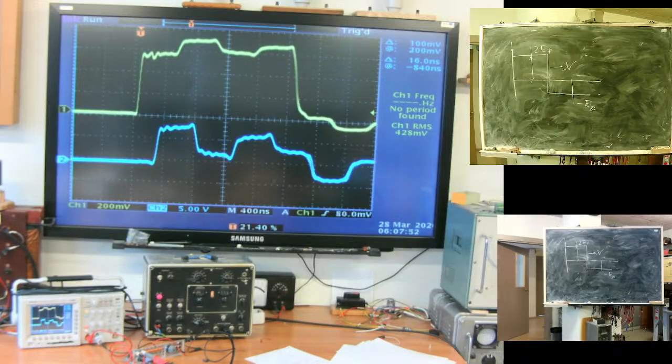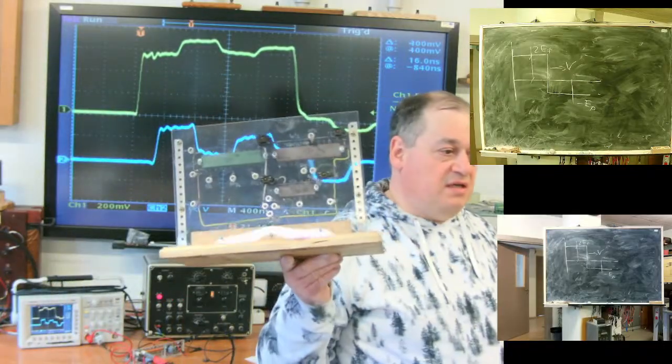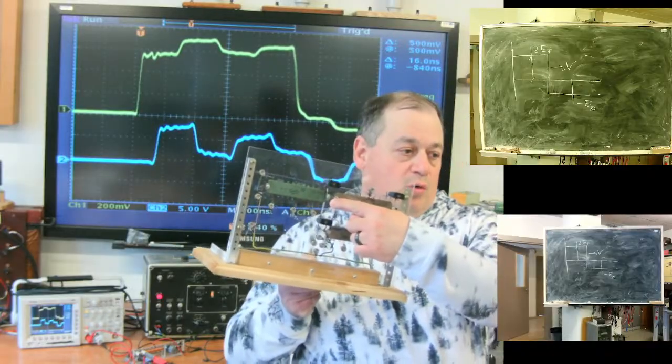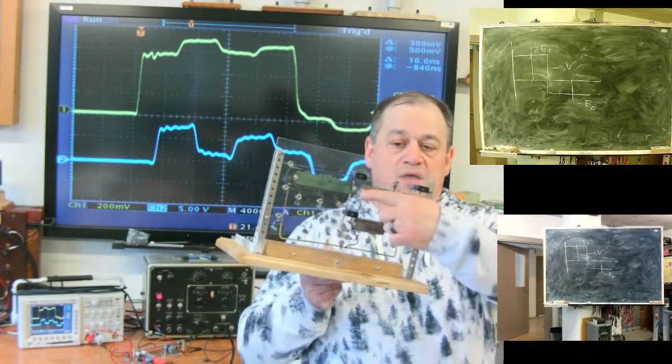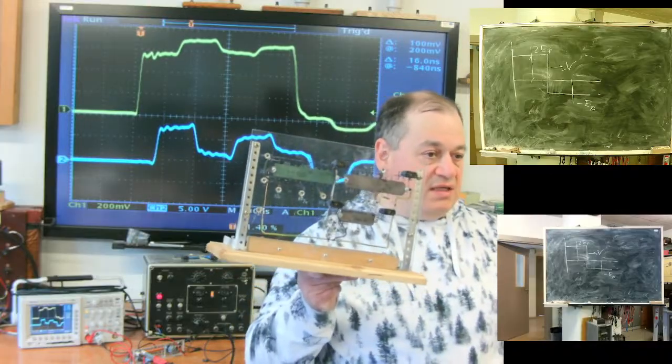Where am I? Here. I have this network model. It consists of one line, a bus, and two secondary lines.